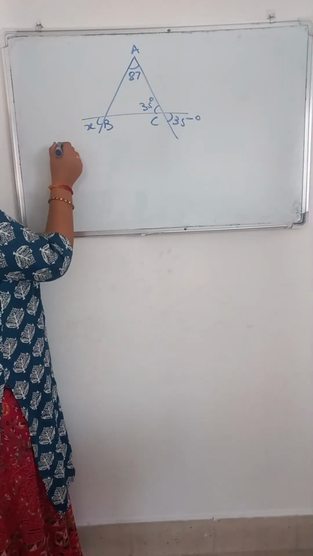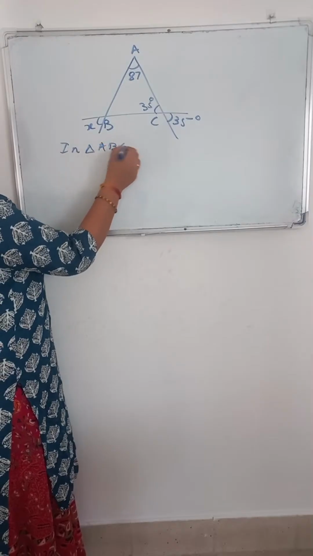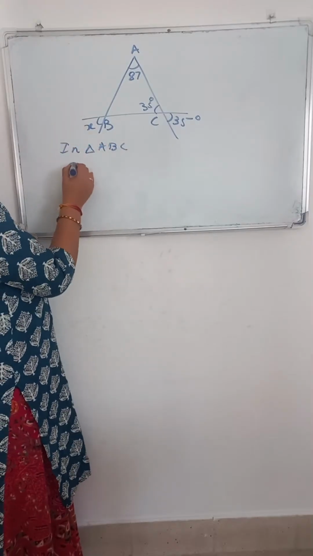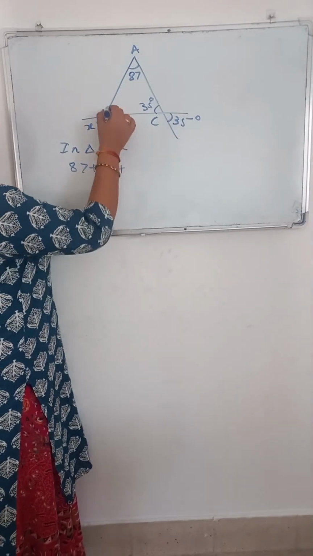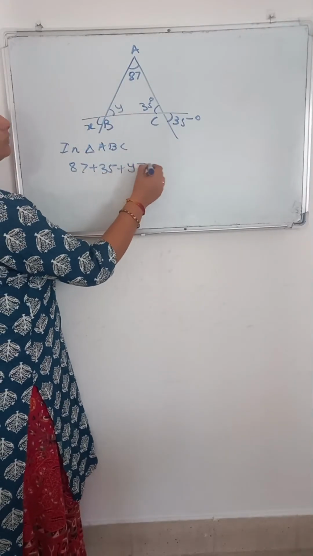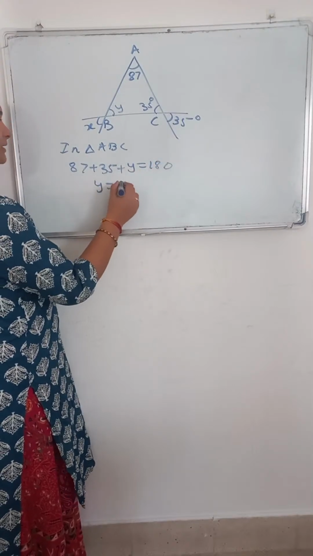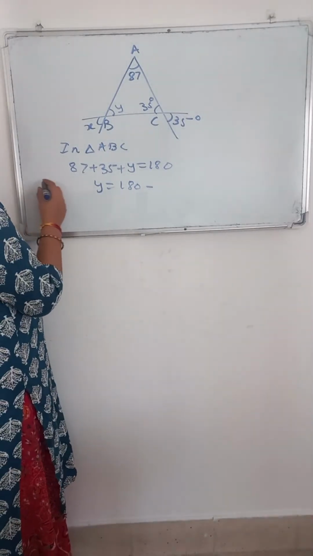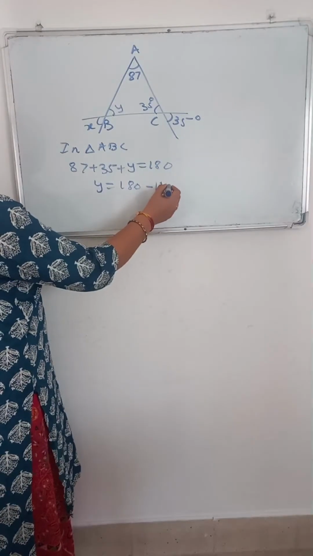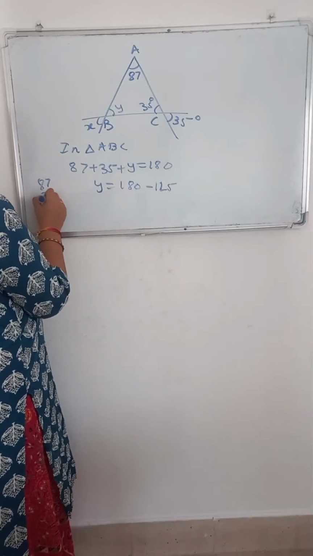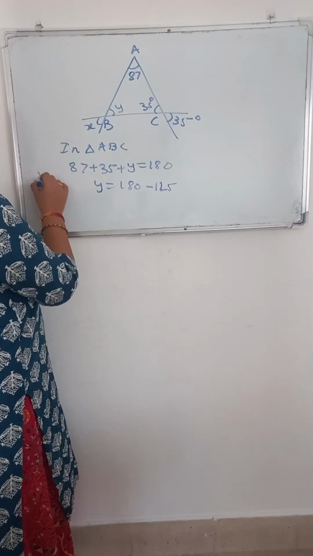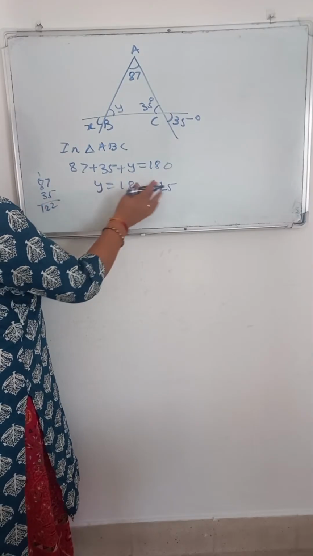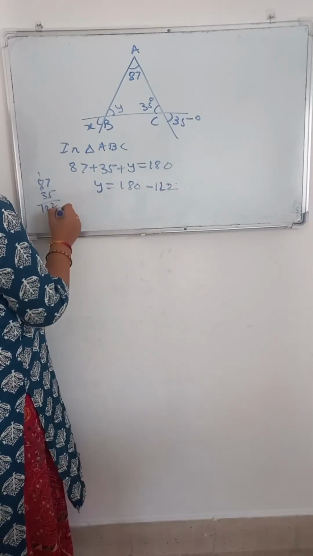If I consider triangle ABC, the triangle angle sum is 180. So 87 plus 35 plus this angle, which I will take as y, equals 180. 87 and 35 make 122.